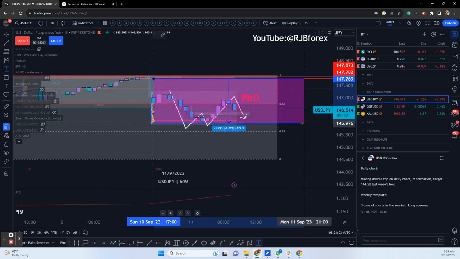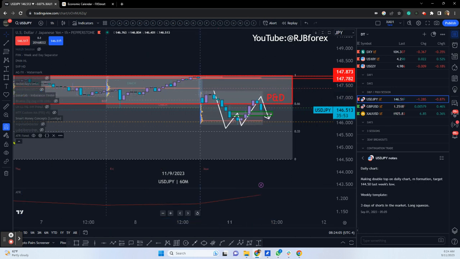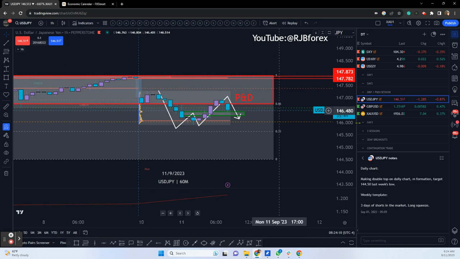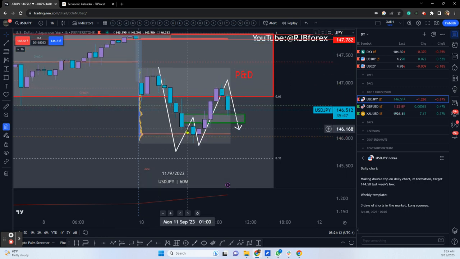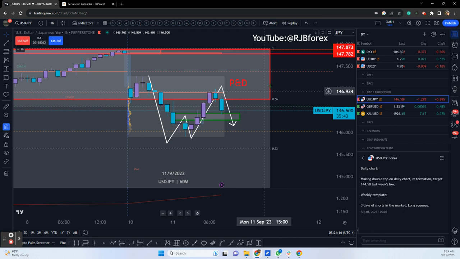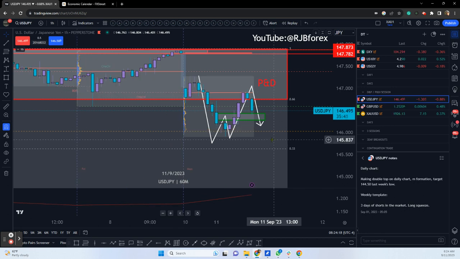What we've done, I mean, it's pretty pointless because this is an outside situation, really. Well, I'd say the low of the day, really. Stops below.